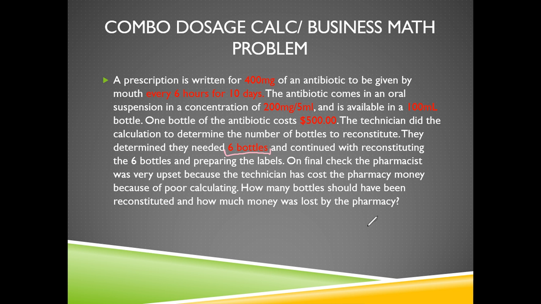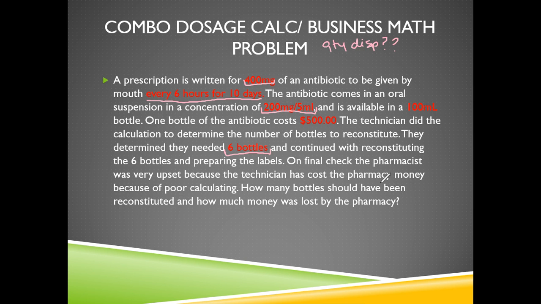So if I know that they're dispensing 6 bottles and it's wrong, I actually need to figure out what the quantity dispensed should be. So in order to do that, I'm going to take a look at what's given to me for my prescription. Now it's written for 400 milligrams as a dose to be taken every 6 hours for 10 days. Now this is the available 200 milligrams per 5.